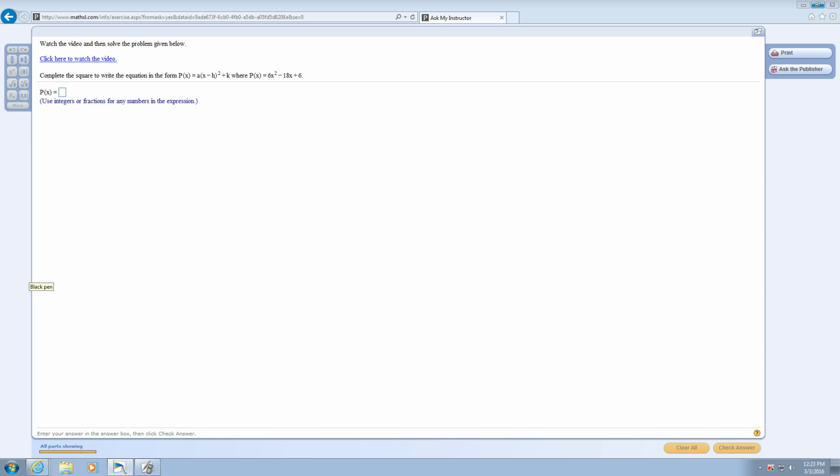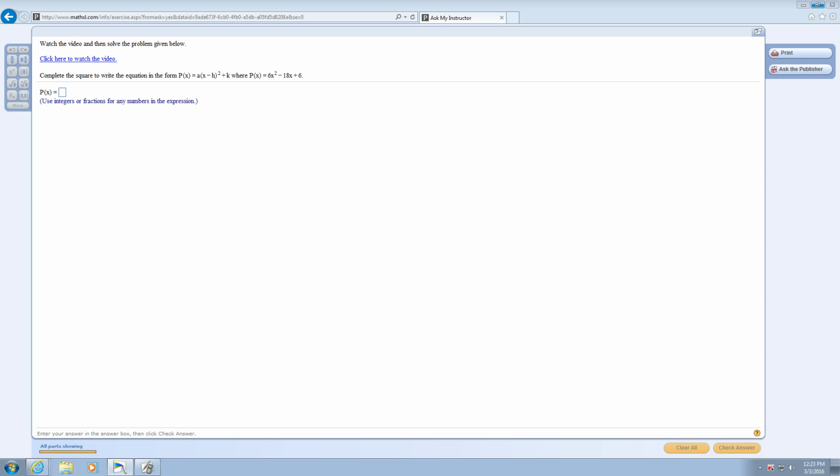So 6x squared minus 18x plus blank is equal to negative 6 plus blank. 6 times x squared minus 3x plus blank is equal to negative 6 plus 6 times blank. Half of 3 is 3 halves, 3 over 2. And then what are we going to do? Square it. That'd be 9 fourths.